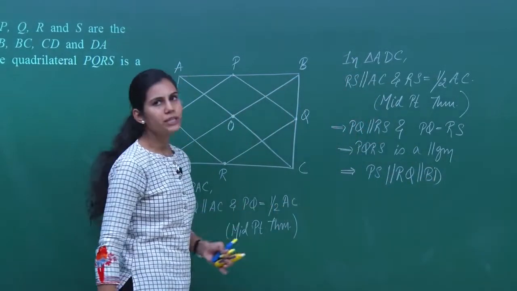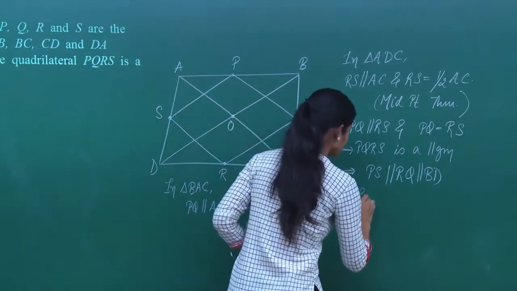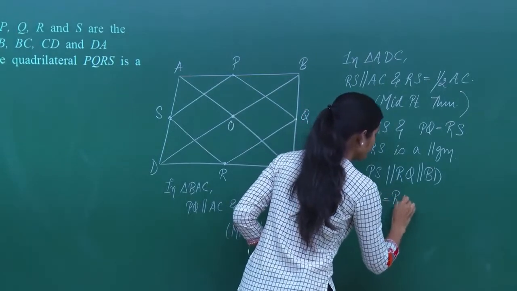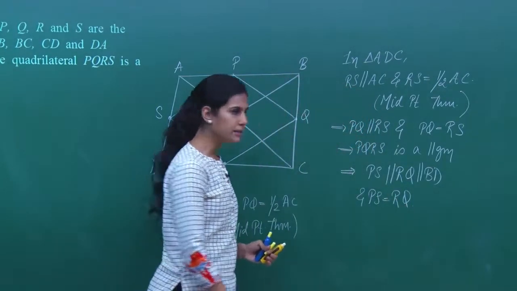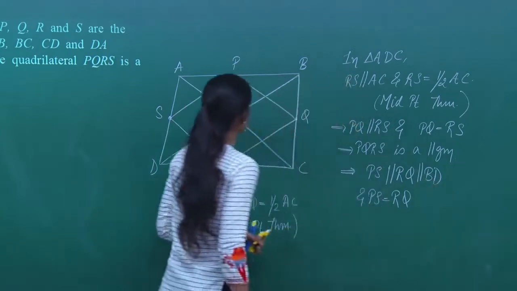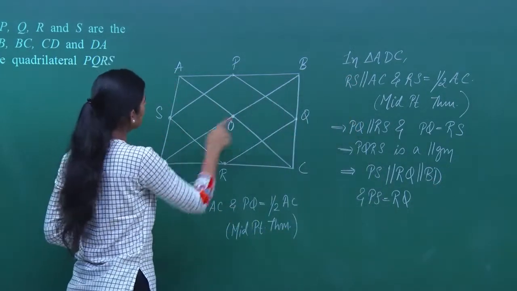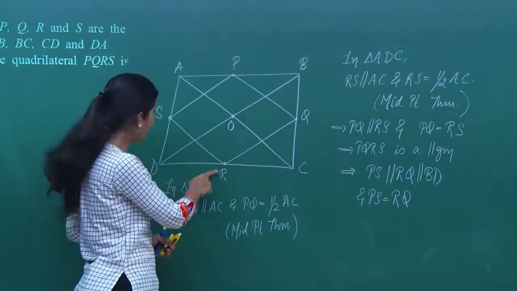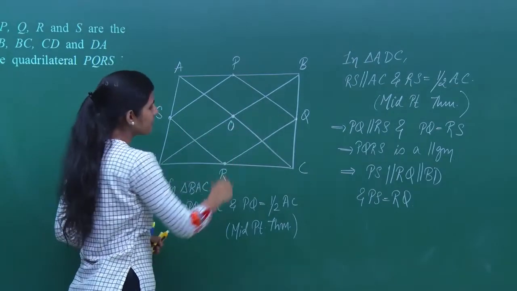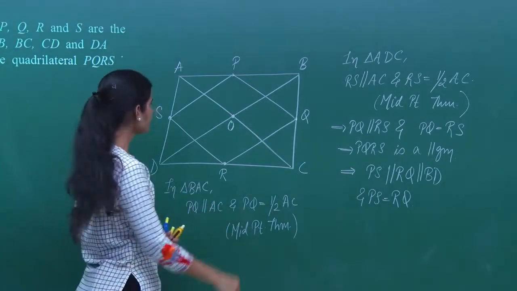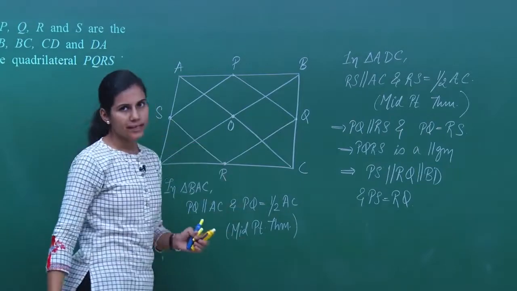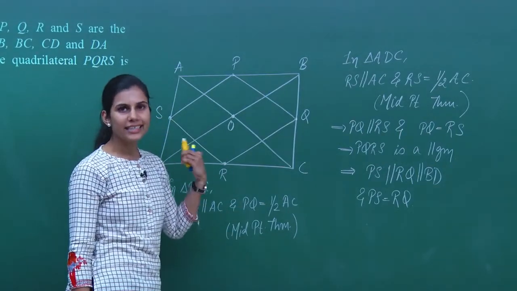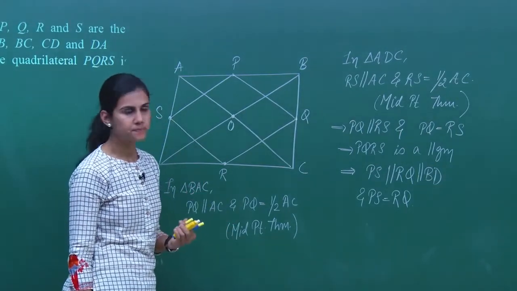And they are also equal in length, because both are equal to half of BD by midpoint theorem. So I have PQ equal to RS and PS equal to RQ. This complete figure is a parallelogram. Opposite sides are equal and opposite sides are parallel.